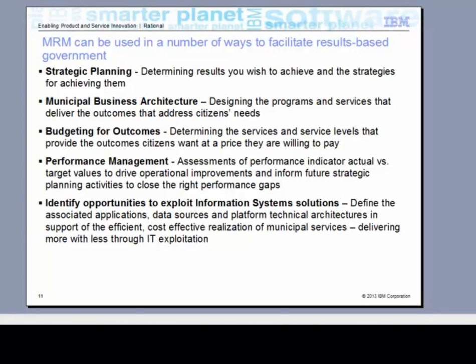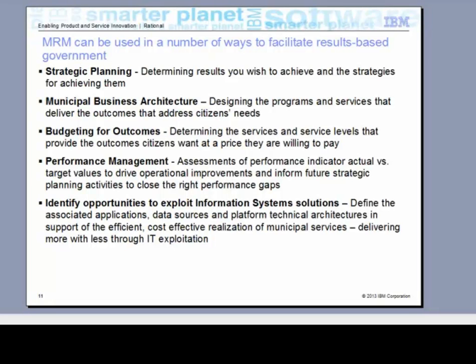And then finally, information technology is becoming more strategic in the public sector as more and more public services involve information services for citizens that rely on IT to deliver other services like intelligent transportation systems and so on.